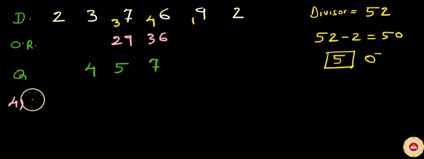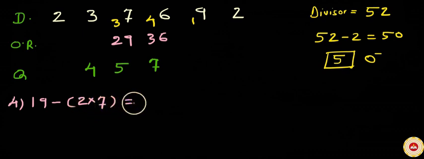Fourth step, 19. Write this 19. Subtract 2 times last quotient 7. So 19 minus 2 sevens are 14 is 5. Write this 5 below 19. This 5 is third osculation number.